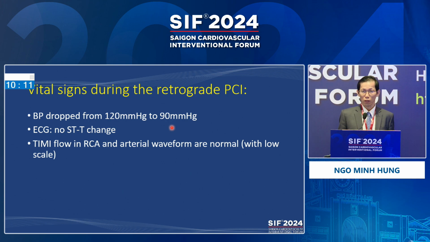So what do you think? I would like to stop here for a while and ask who is a specialist in retrograde intervention. We were guiding with the AL 0.75, and during the search for the interventional collaterals to the left, the patient's blood pressure went down from 120 to 90. So Shozo, what do you think in this situation?